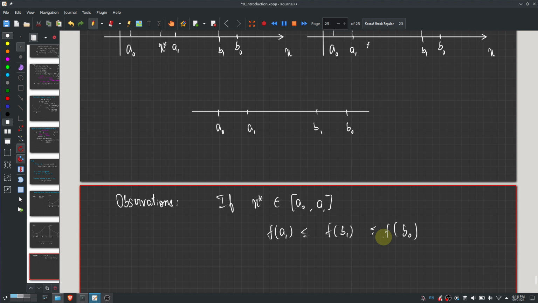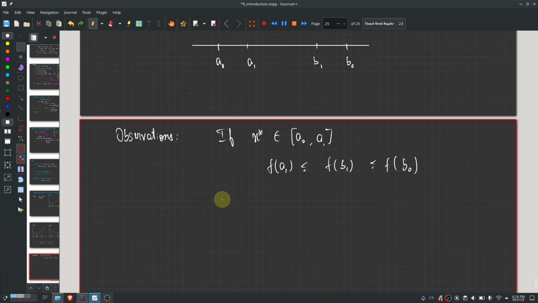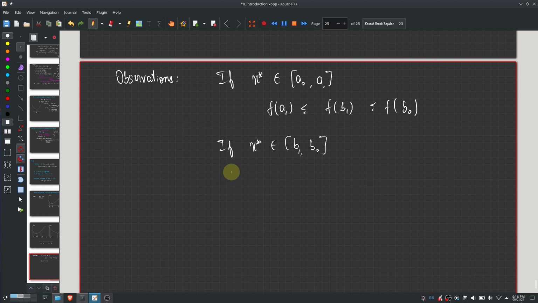But on the other hand, if x star lies in b1 to b0, f of a1 less than f of b1.